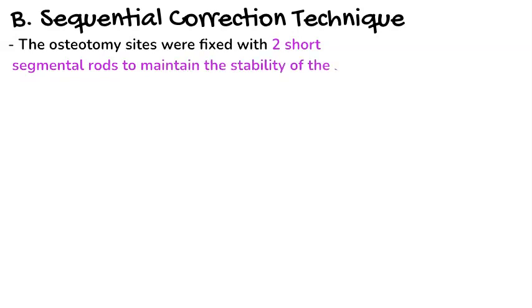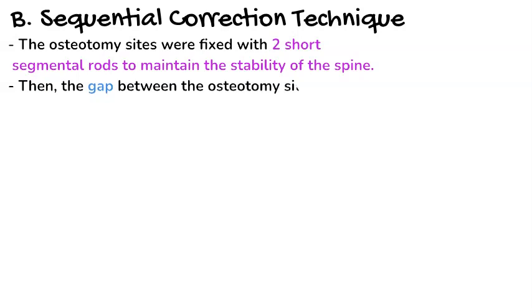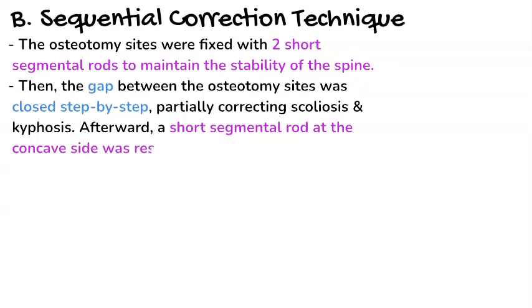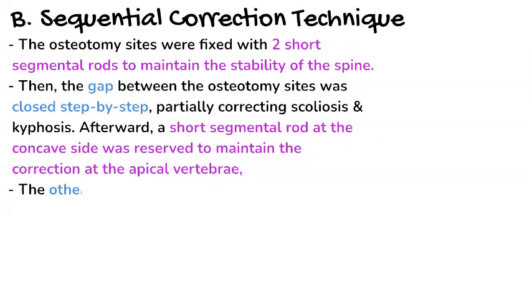Then, the gap between the osteotomy sites was closed step by step, partially correcting the scoliosis and kyphosis. Afterward, a short segmental rod at the concave side was reserved to maintain the correction at the apical vertebrae. The other short segmental rod at the convex side was removed.